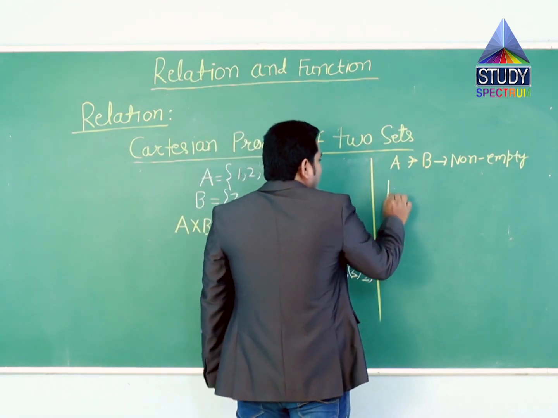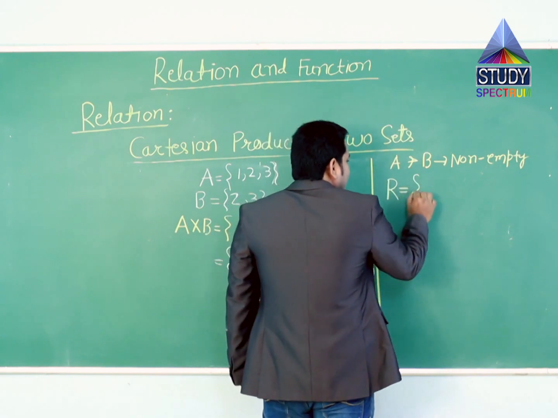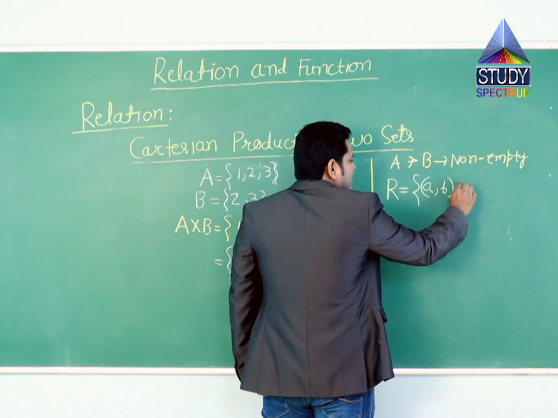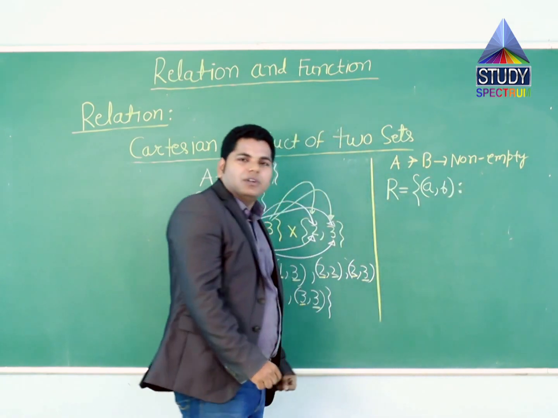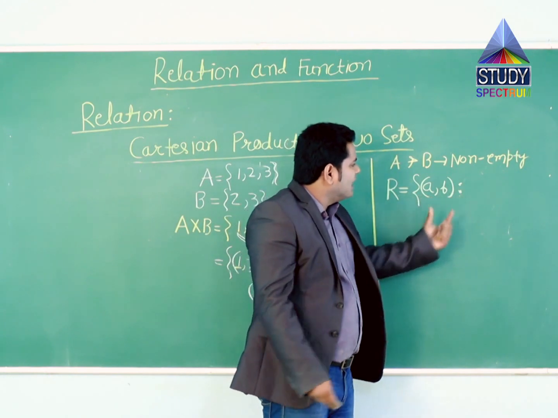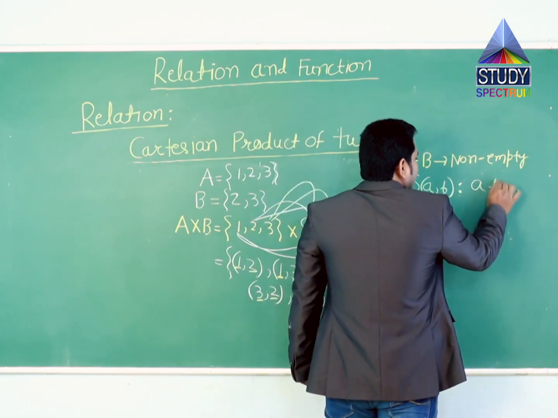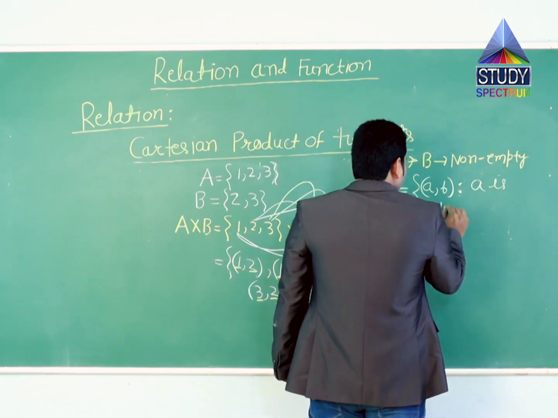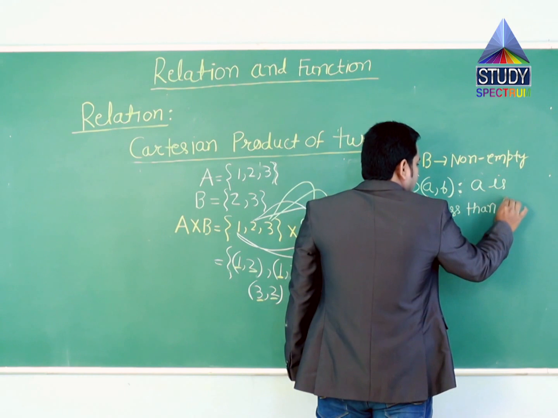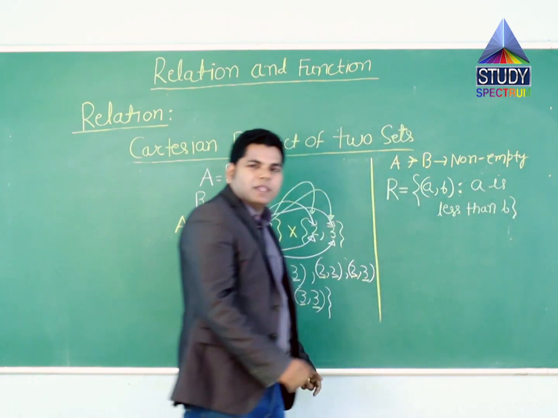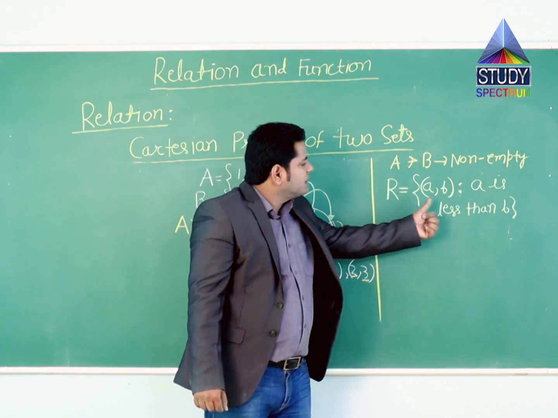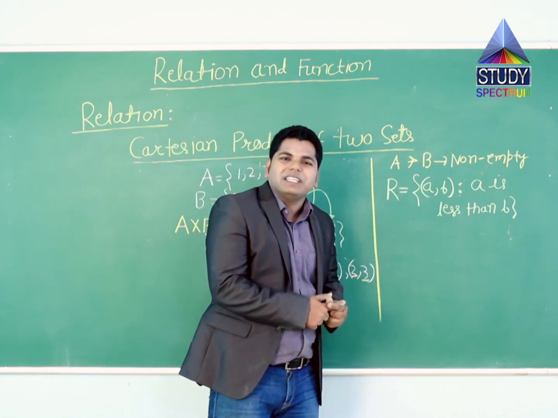The relation is denoted by R, such that R = {(a, b) : a < b}, where this symbol colon is read as "such that". So (a, b) is an ordered pair such that a is less than b. Suppose we have introduced a relation in which the first component is related to the second component.